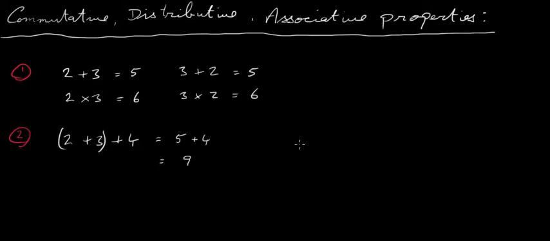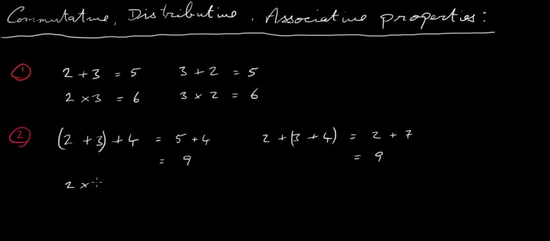Now if we change the groupings here, if we do 2 plus 3 plus 4 again, and we put the brackets around the 3 and the 4 this time, well, that will give us 4 plus 3, which is 7, and then we take the 7 plus 2, that will also give us 9. So that's the associative property really, and that works for multiplication as well.